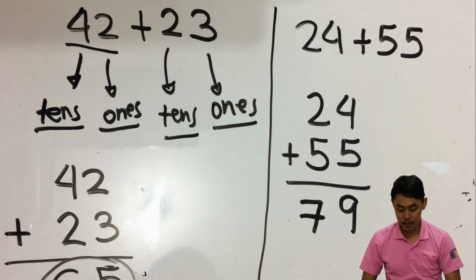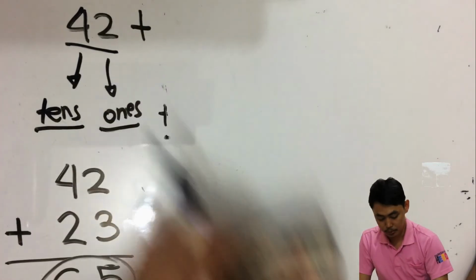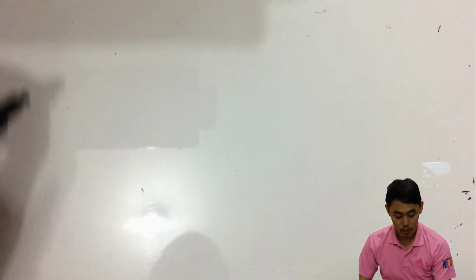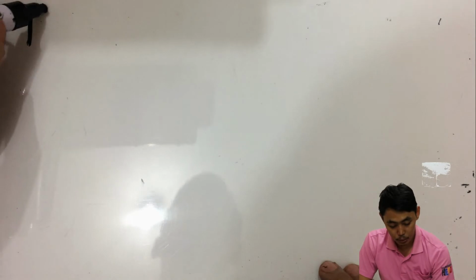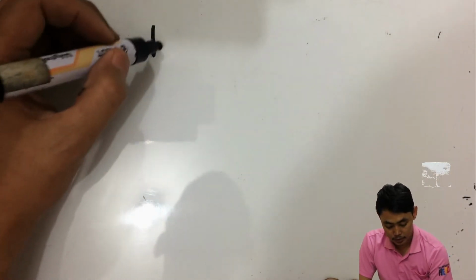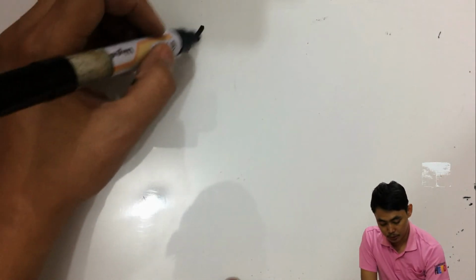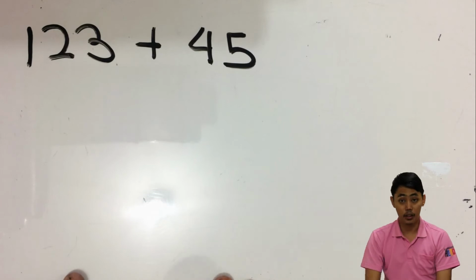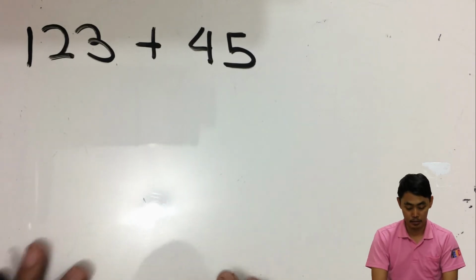Okay, so let's have some more examples. Please bear with me. So let's have 123 plus 45. How do you solve this? So again, you need to align the place value.